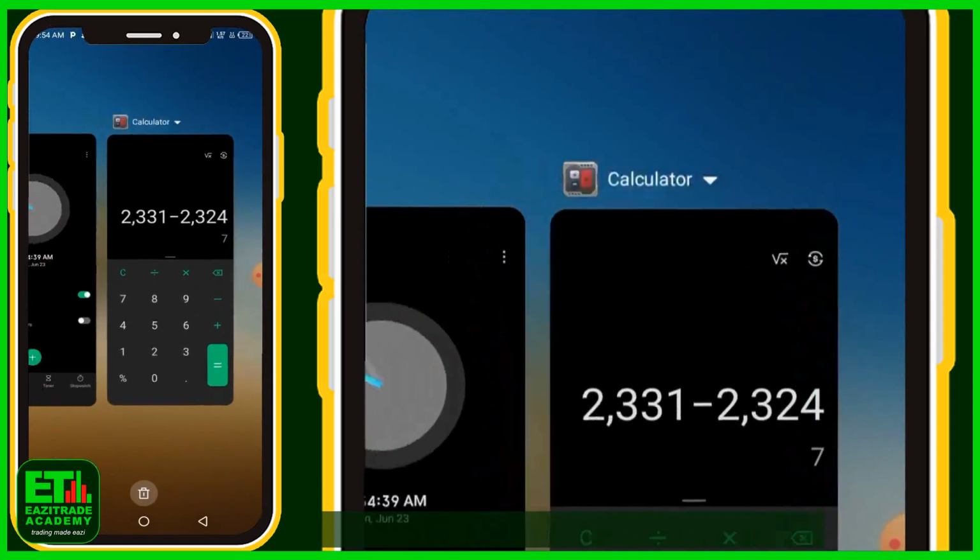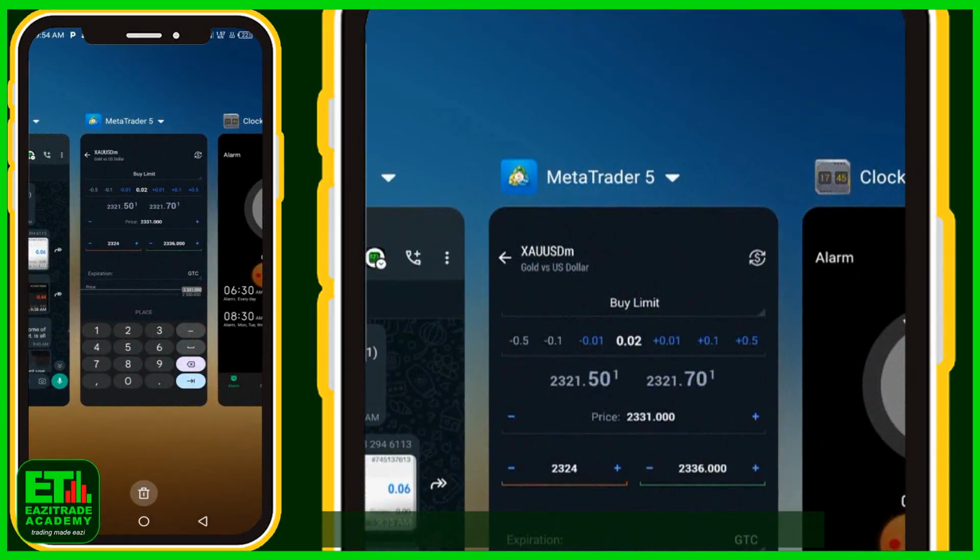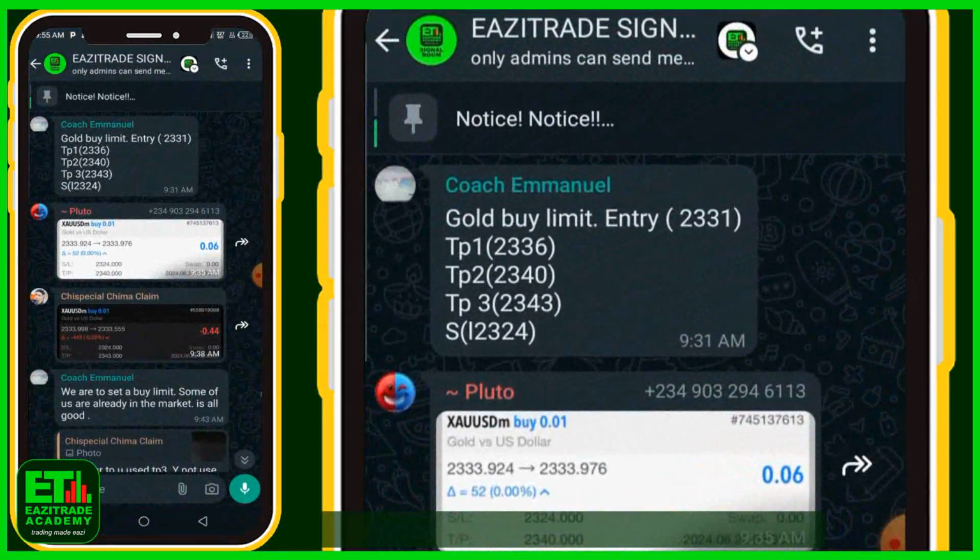That's a 70 pips difference as against 50 pips difference. So the coach must have known why he had to space the SL, probably because of the high volatility of gold. Well, now let's see how the trade went.